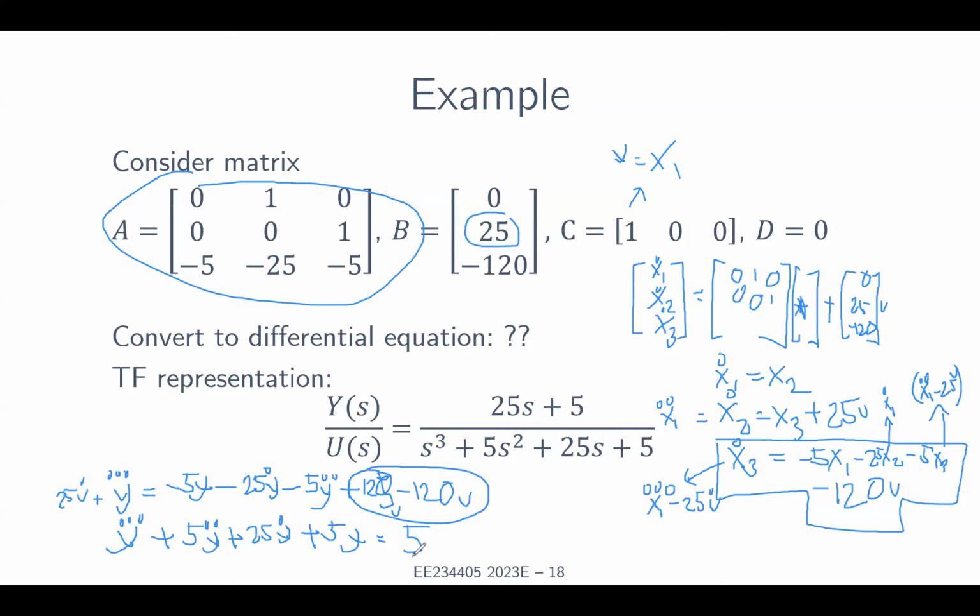From this 5u plus, oh, this is negative, plus 25 u dot, right? And by grouping y with u, I guess we can see the pattern, right? It's 1, 5, 25, 5, 1, 5, 25, 5, and this is 25 and 5, right?